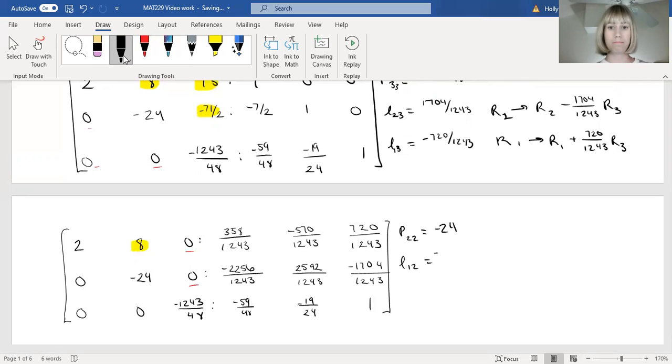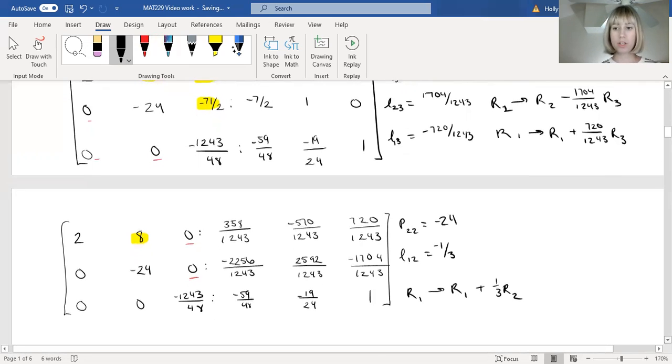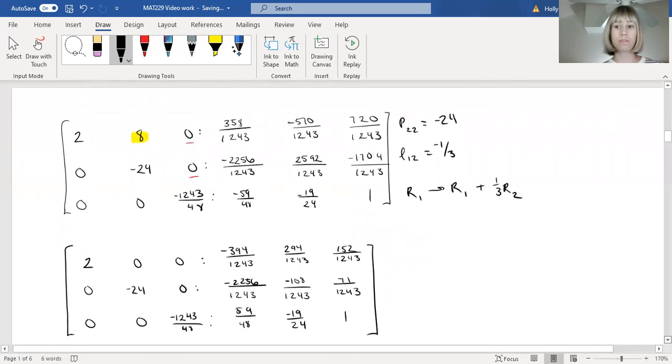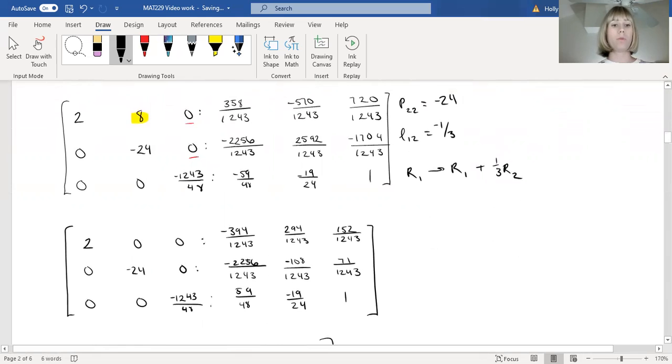So we write that. And the row operation there is R1 plus 1/3 R2. Okay, and if we complete that row operation, we are going to finally get our diagonal matrix, right? Where we have just the diagonal values.